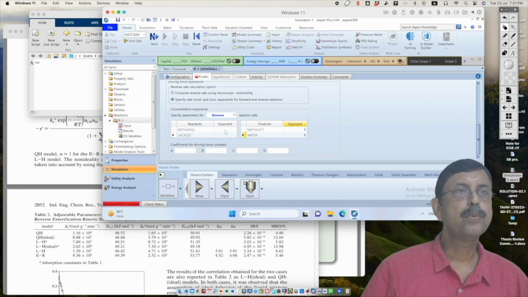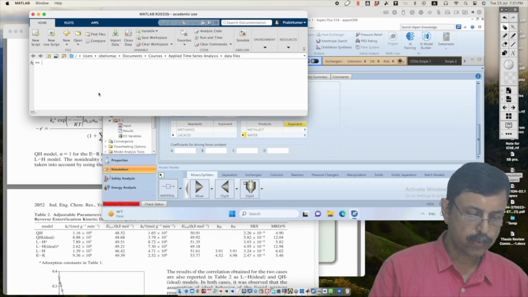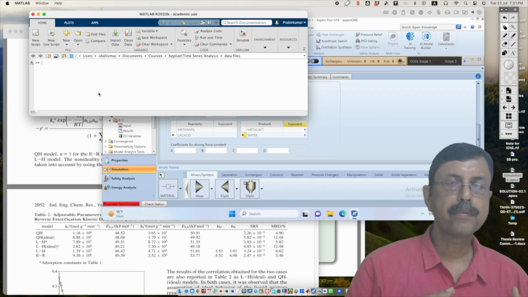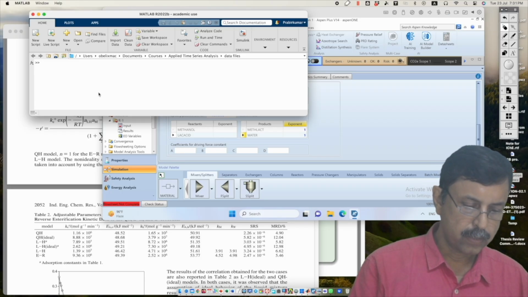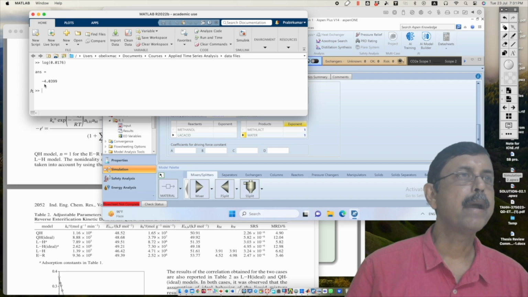So we have to give a certain value so that 0.0176 comes. So it will be the log of 0.0176. Yeah, so it is minus 4.04.